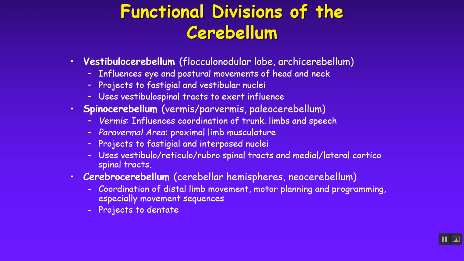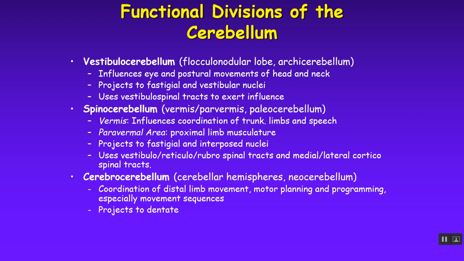It is most important for coordination of that, and it helps with limb coordination but plays less of a role there. And the paravermal regions are your proximal limb musculature, your shoulder girdle, your hips, those kinds of things. It's important for coordinating those muscles.